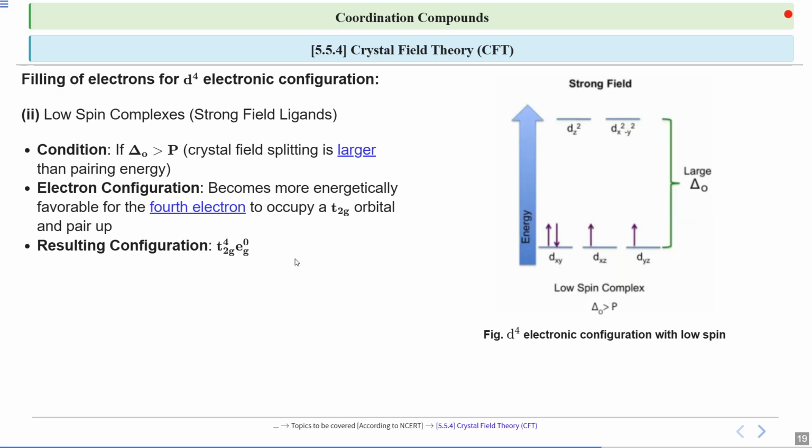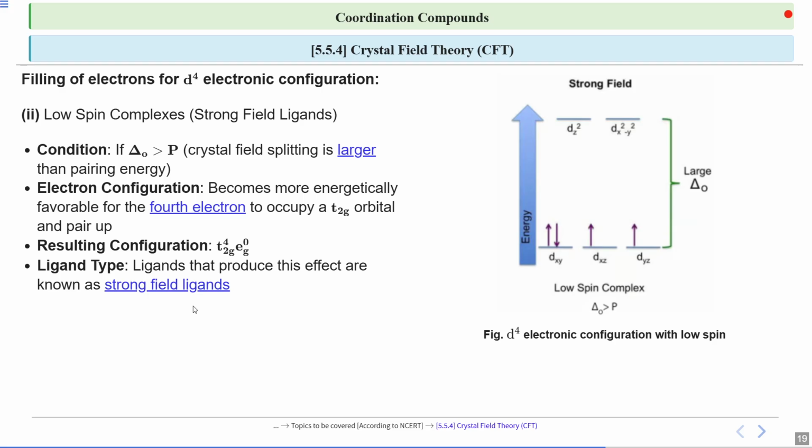The resulting configuration will be T2G4 and EG0. T2G4 means the T2G set has 4 electrons filled, in which 2 are paired, and EG0 means EG has no electrons. The ligand type here is strong field ligands that produce this effect.